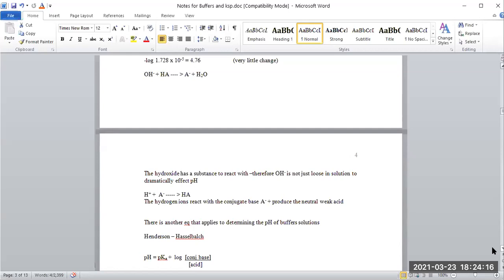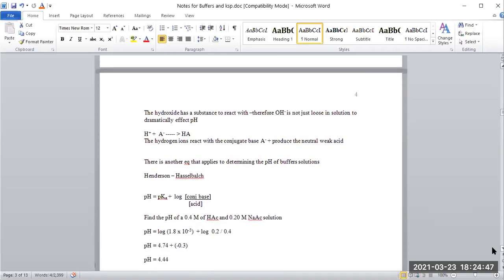If you add H plus, you get more HA. Those are kind of like from the conceptual point of view. There is an alternate way to do this, but it really only works from the point of view of what's the pH of your buffer, but doesn't work well in terms of adding things to your buffer.